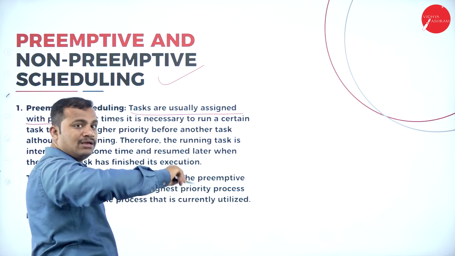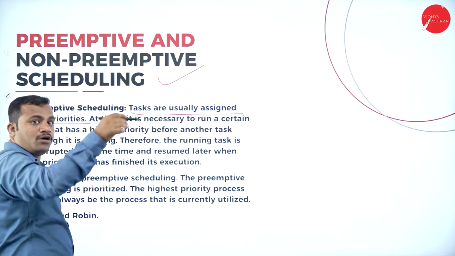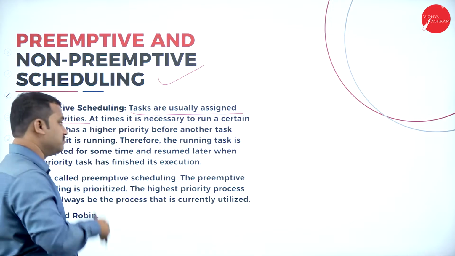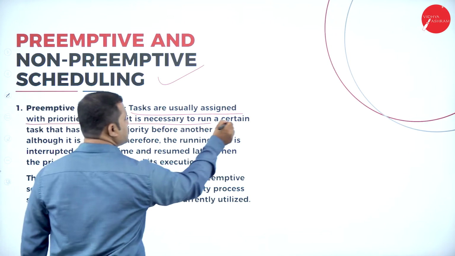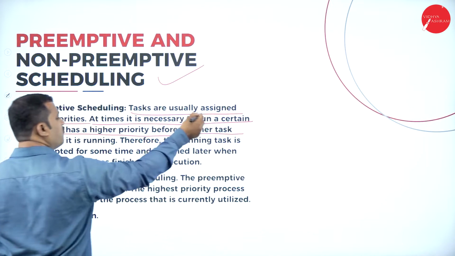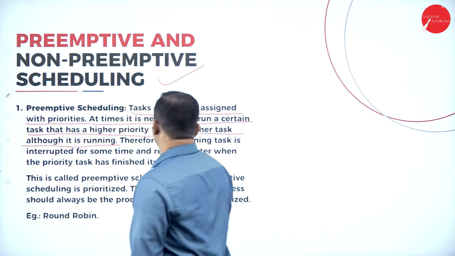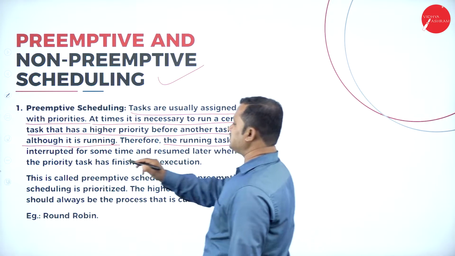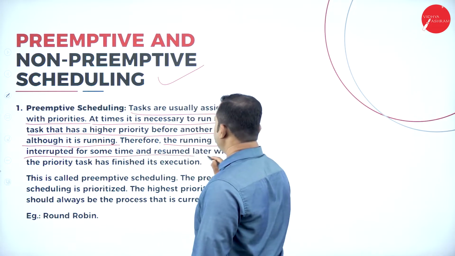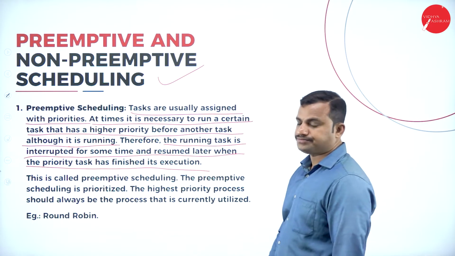Similarly, the operating system maintains the priorities among different processes running in the system. At times it is necessary to run a task that has a higher priority before another task, although that one is running. Therefore, the running task is interrupted for some time and resumed later when the priority task has finished its execution.